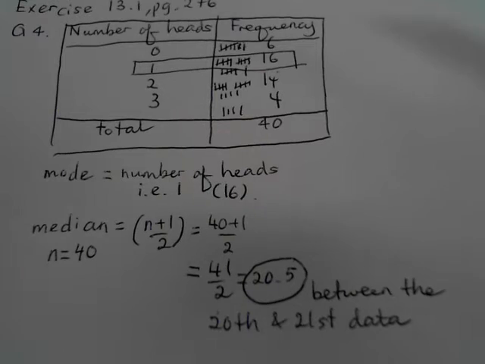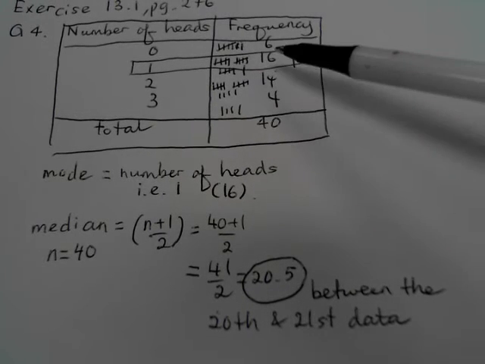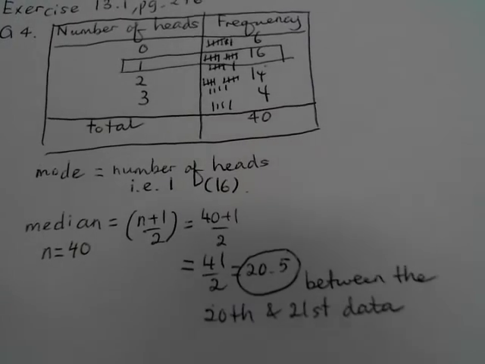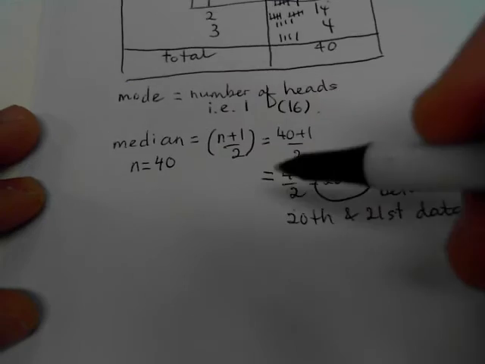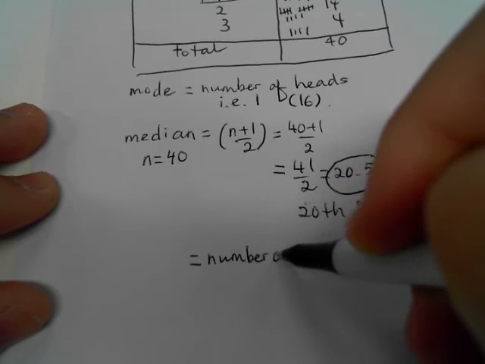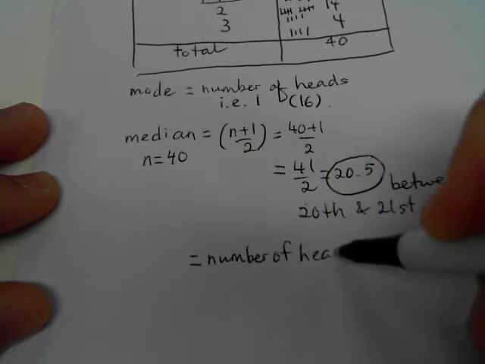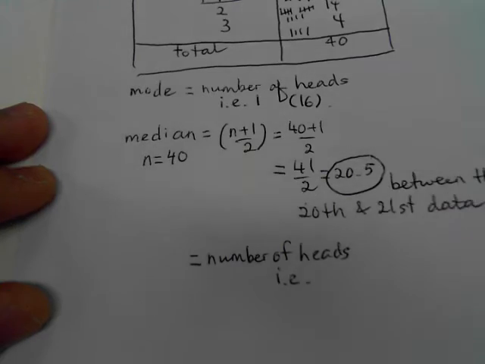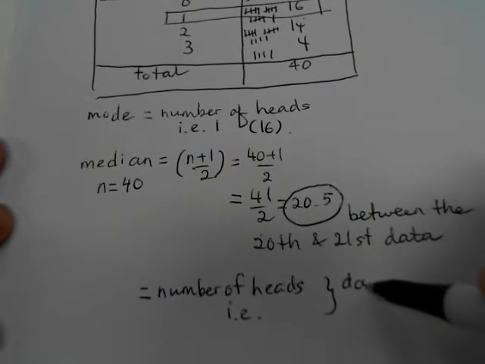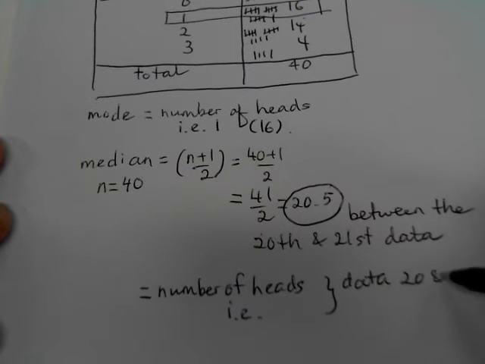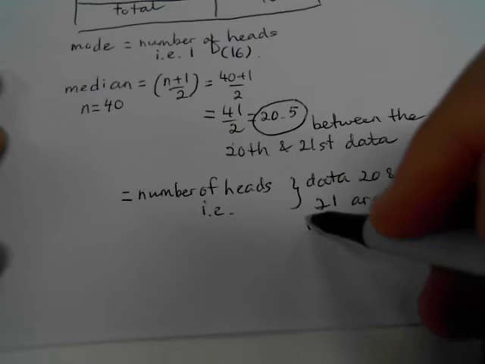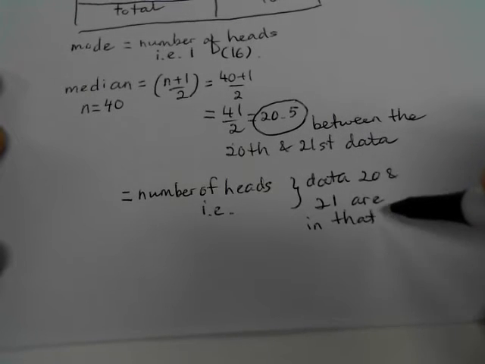So in this case, we can't just write the median as 16 because that is really the frequency. We can only mention that the median falls in the same category as the number of hits we have calculated, which is 1. You can mention here that data 20 and also 21 are in that range.